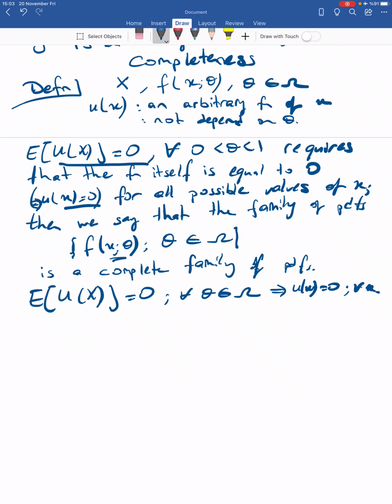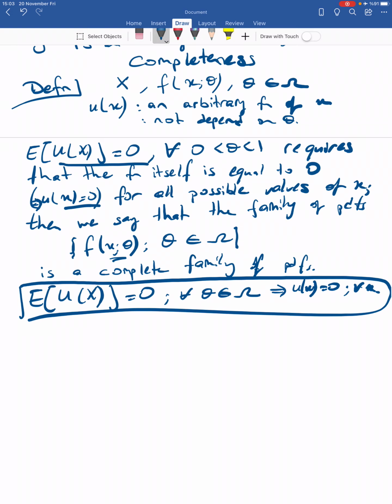If this condition is satisfied, then our family of PDF is a complete family of PDF. So we always start with the given information, expected u(x) equal to 0 for all possible values of theta, and then try to show that this is true only for the u(x) equals 0 case.